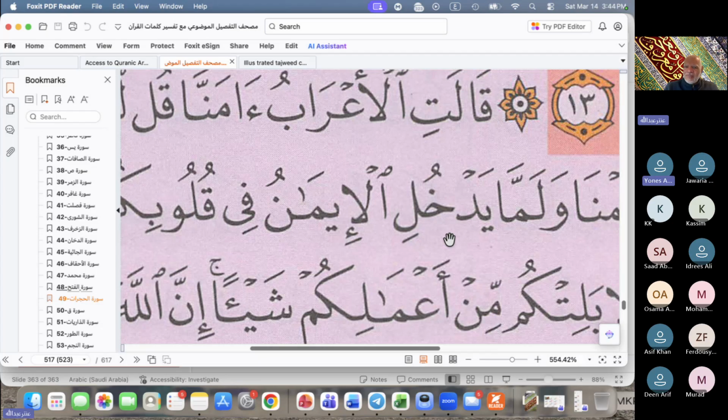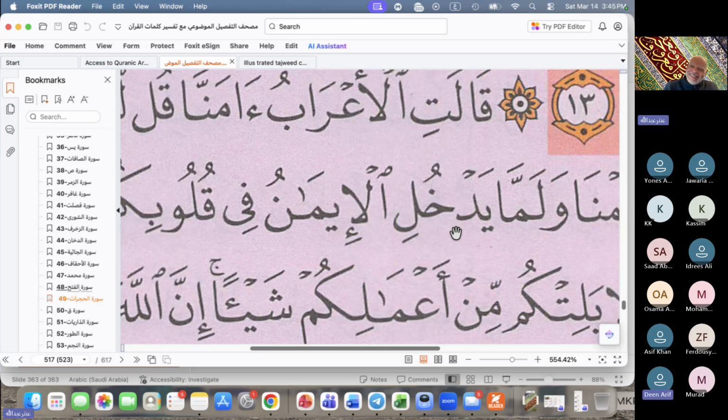Is there a missing alif, or a missing wow? Why should we have wow? What is the origin of the verb? دخل. The three letters are here. So we are not missing anything.